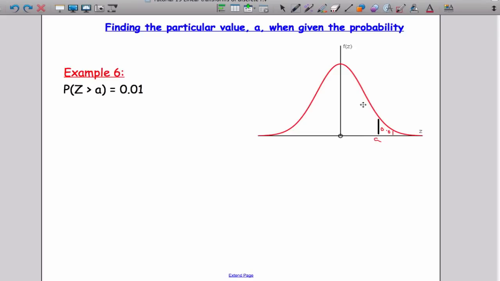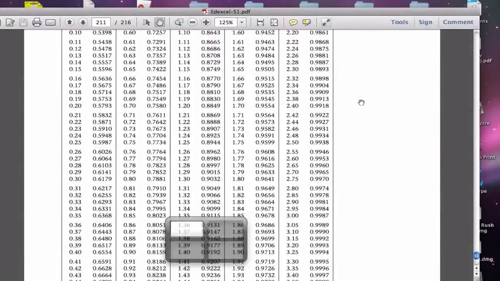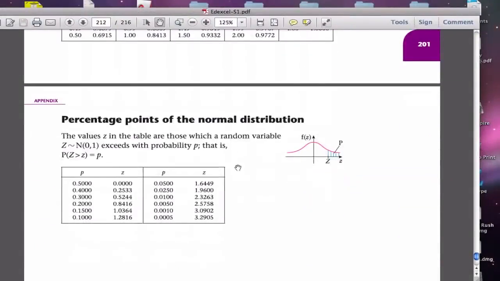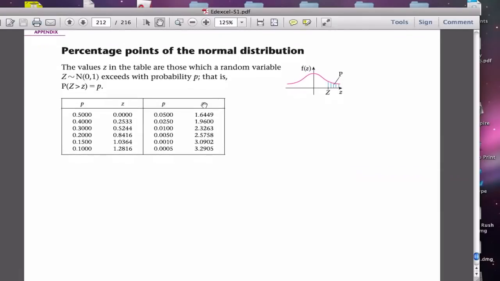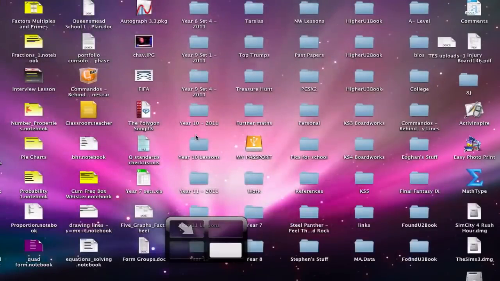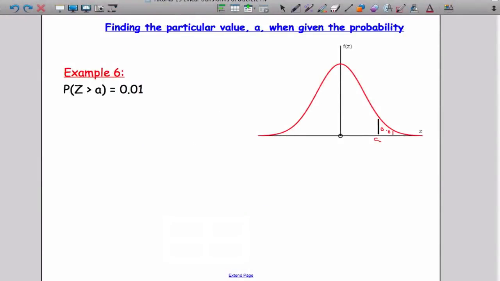So this is a moment where we need to use what's called the percentage points table, which tells me some particular values when Z is greater than little z. Now 0.01 can be seen here. The probability of 0.01 is that. So that means the value of Z is 2.3263.